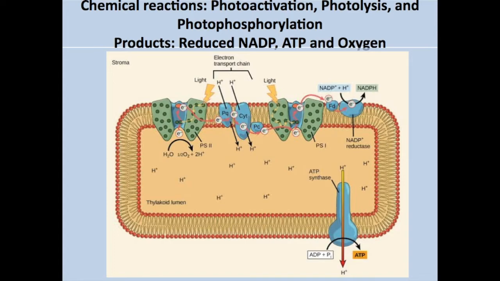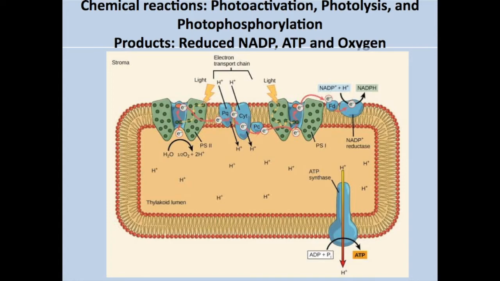Please don't forget, you need to know plastoquinone. That's the first electron acceptor. I forgot. You also need to know plastocyanin. That's the protein that will pass the electron to photosystem 1. And then, of course, pyridoxine. Plastoquinone, plastocyanin, pyridoxine. You will not remember, so write it down.